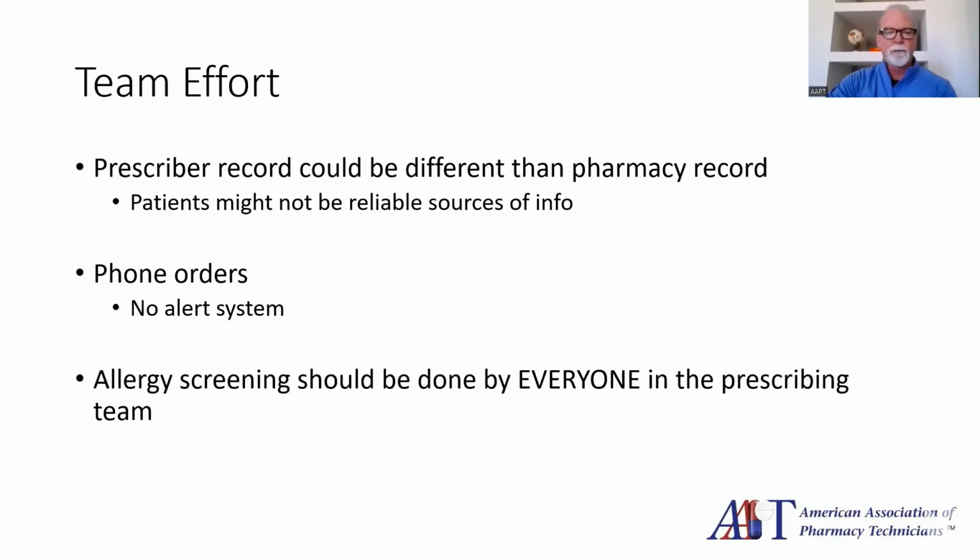If I'm trying to order a medication that they might be allergic to, I always ask the patient, but again, they might not be the most reliable sources of information. So it's critical on both ends that we have accurate documentation of allergies.